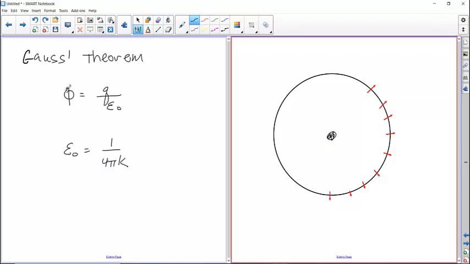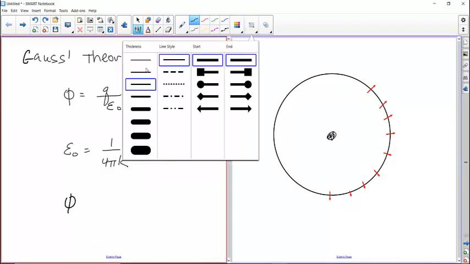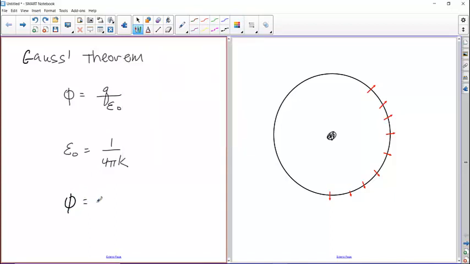And so for this particular case, the flux, phi, is just the electric field strength times the area. So this is the surface area of the sphere, and the surface area of the sphere is 4 pi r squared.